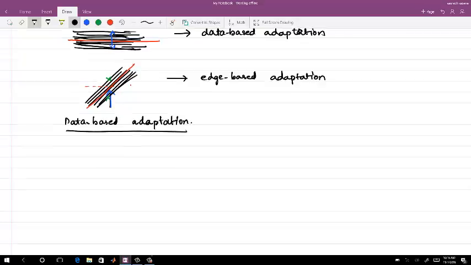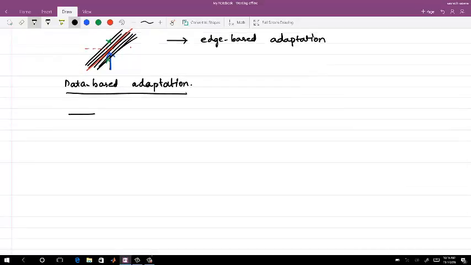So we have this data based adaptation. Let's look at how we can monitor the signal and change the coefficients. So you have the received signal. Let me go with a very simple one: this is your signal x of t.